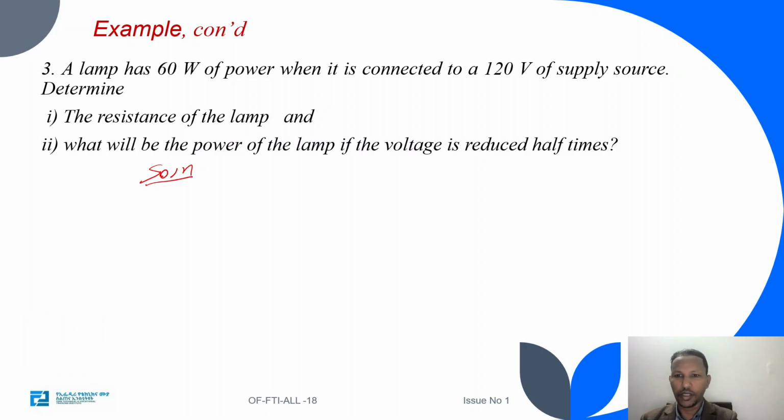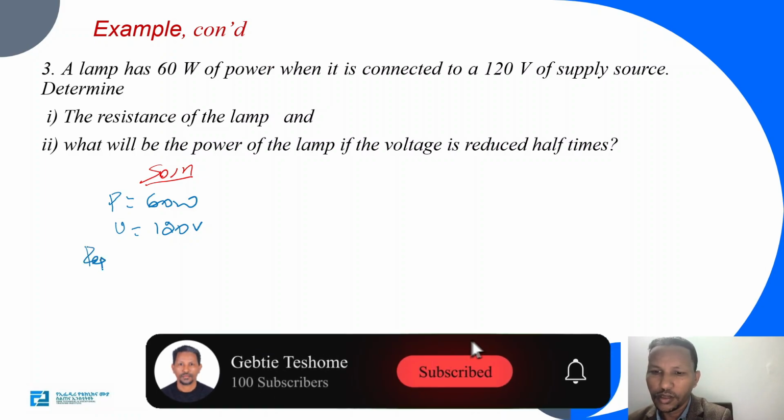For the first case, power is 60 watt and voltage is 120 volt. We are asked to determine the resistance of the lamp.